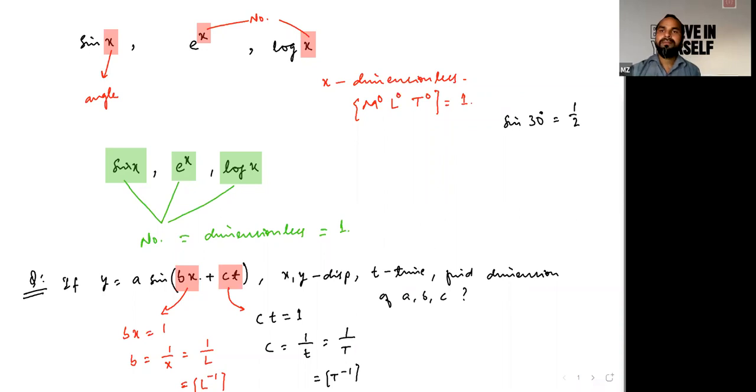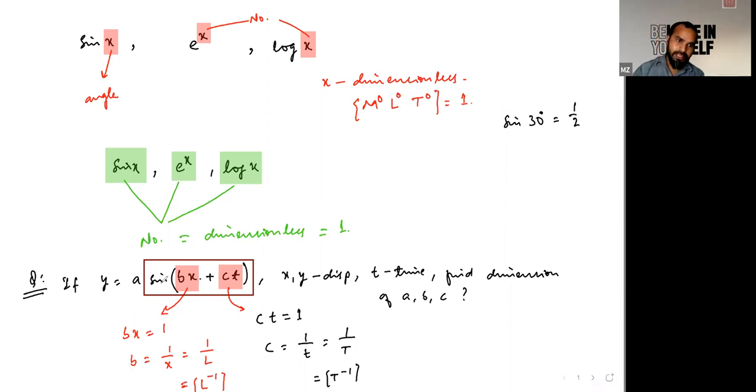Okay, now, as we have defined this part, this whole sine of b times x and c times t would be nothing but a numerical value, as I have explained here. So this whole term will define any number. And as we know, a number is a dimensionless constant.